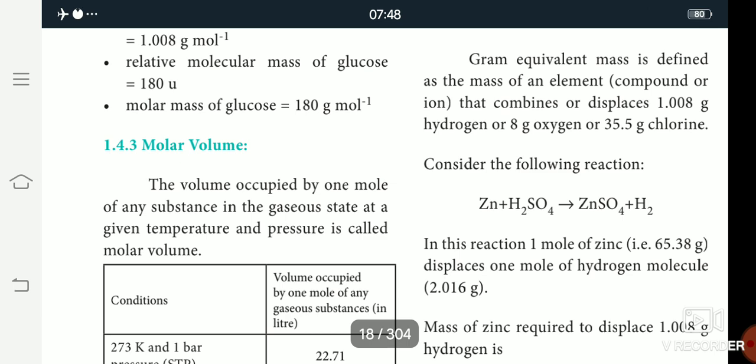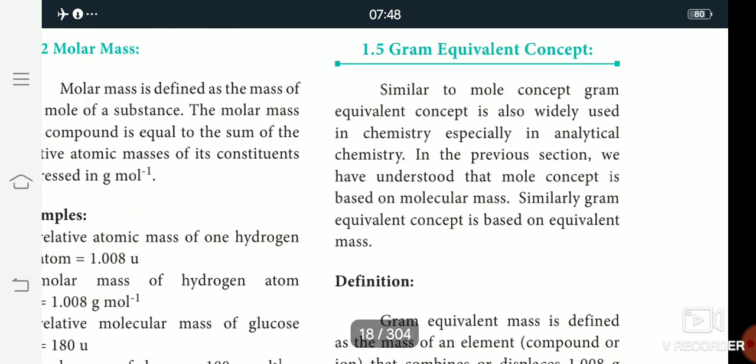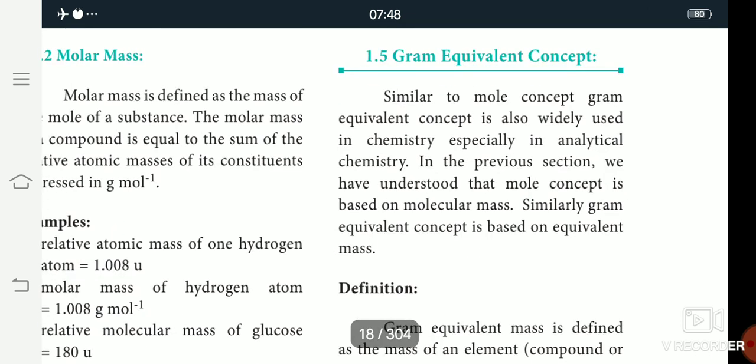The next topic is the gram equivalent concept, which is used in analytical chemistry. You studied the equivalent mass of a substance.